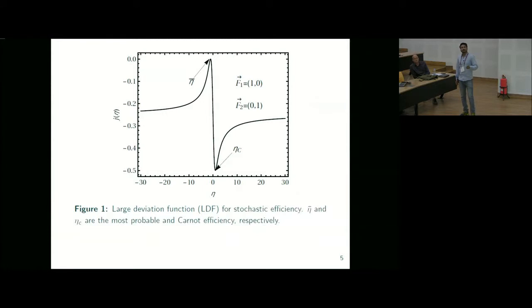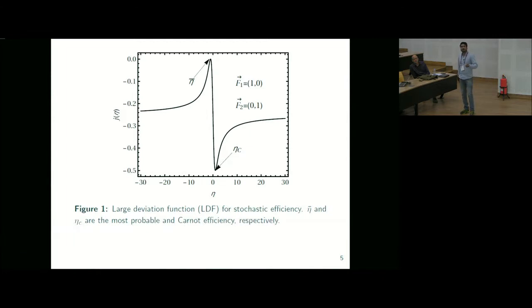It has one maximum at the most probable efficiency, and one minimum at the Carnot efficiency. The Carnot here is in the sense that you apply some work and extract some work, and there can be some dissipation also, but you can reduce the dissipation to any level. In the limit of very low dissipation, you get eta C equal to 1. So this is analogous to the Carnot efficiency.